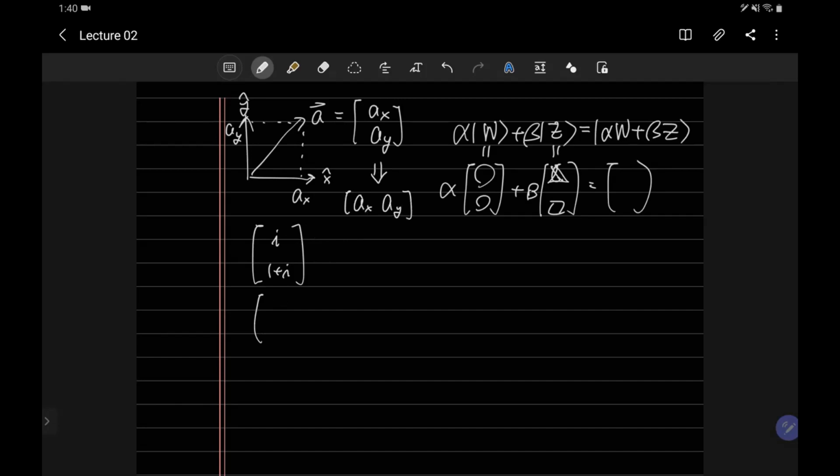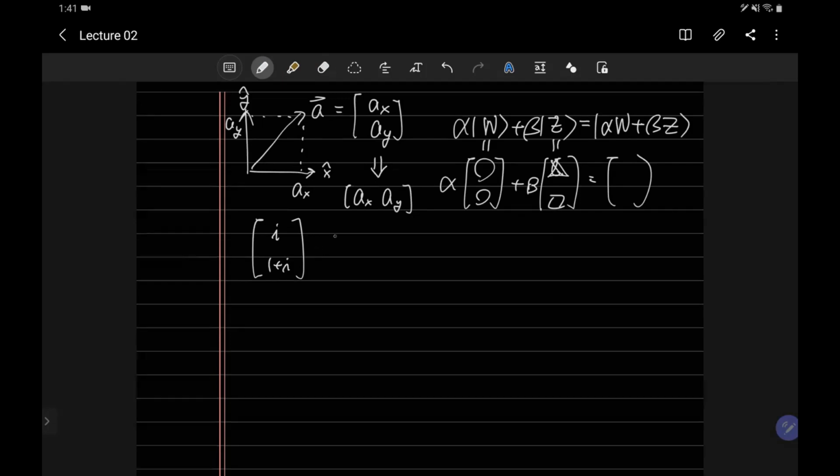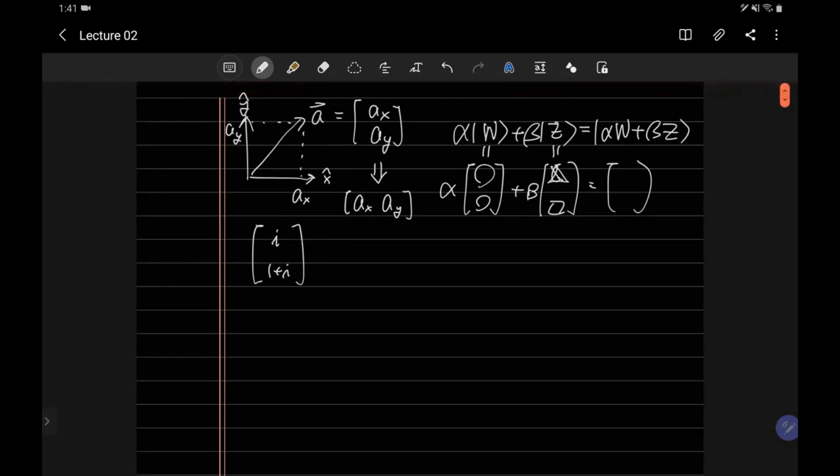My question is, can we still use the same result with a vector that has some or all of its components as complex numbers? If we just follow the previous rule, then the corresponding row vector should be something like this one.